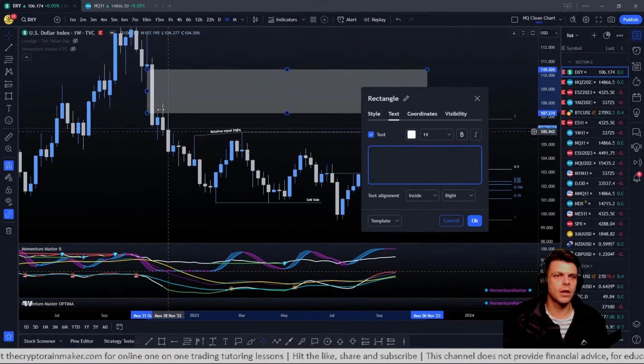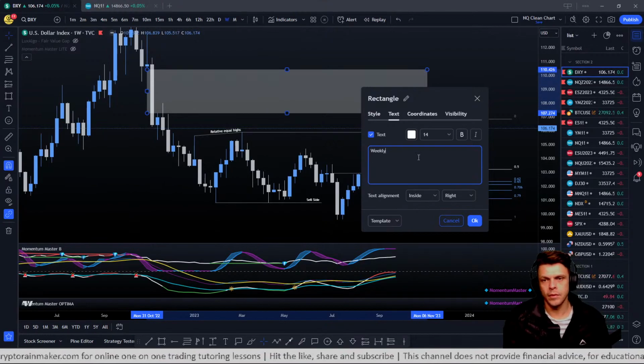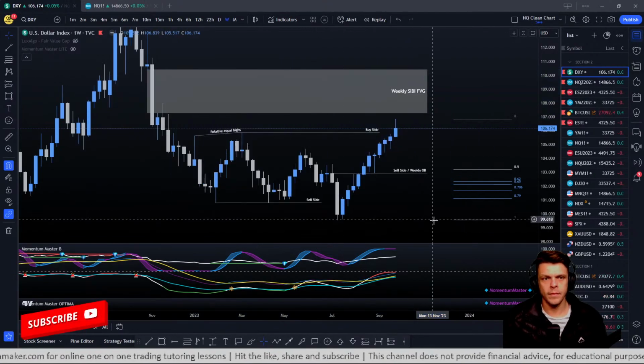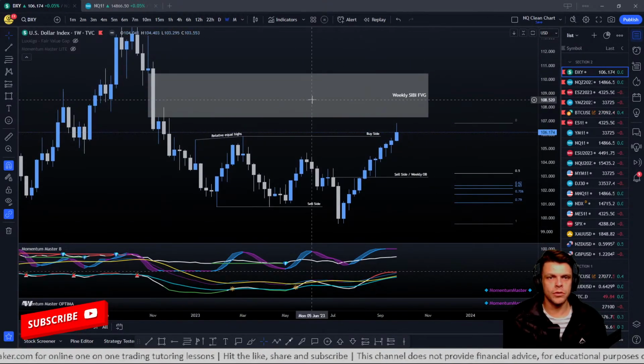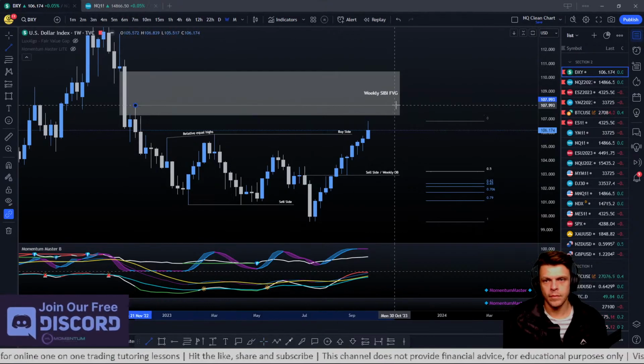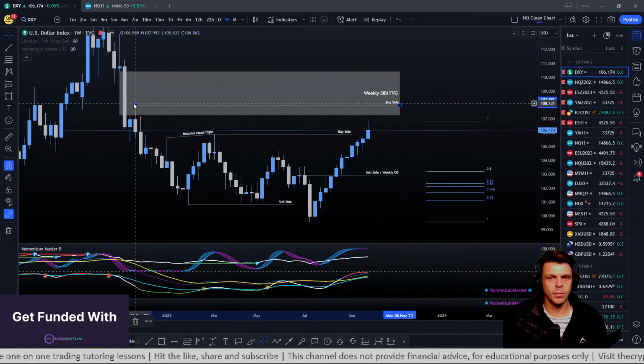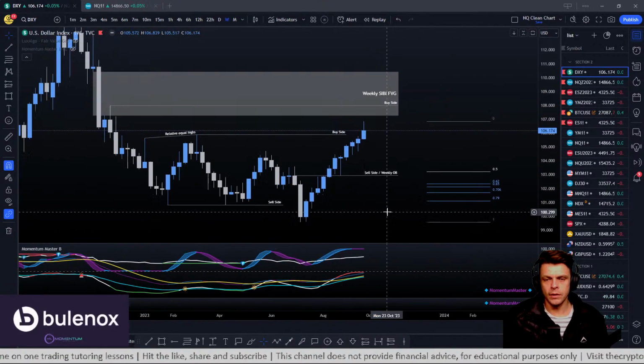So it's a sell side imbalance, buy side inefficiency. And then we also have a high inside of the fair value gap. So buy side liquidity above the high.